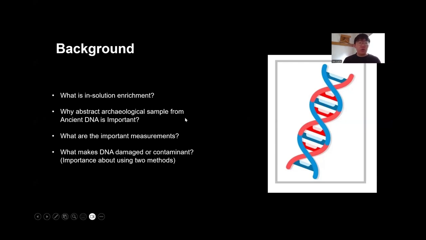And the next problem is, what makes DNA damaged or contaminated? Our research target is to compare the two methods, which can help us get good DNA, the partial fragments. So why does DNA get damaged? DNA is damaged and contaminated by several issues. Environmental or chemical degradation can cause DNA damage, like an overheated environment or an extremely cold environment.